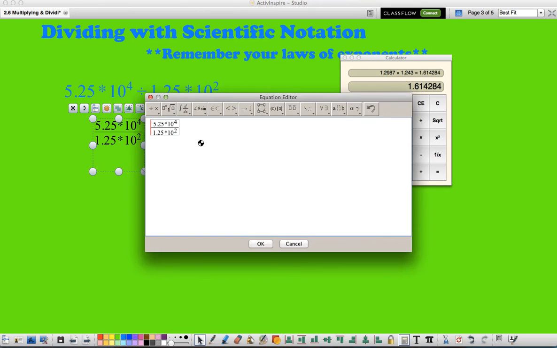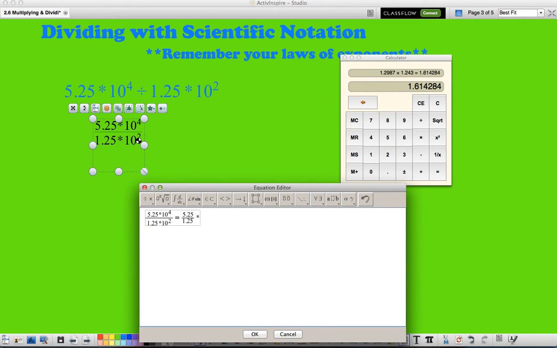So what I end up with here is the same division problem. So I end up with 5 and 25 hundredths over 1 and 25 hundredths, times, since I'm taking the powers of 10 and subtracting the exponents, I get 10 squared, because 4 minus 2 is 2.